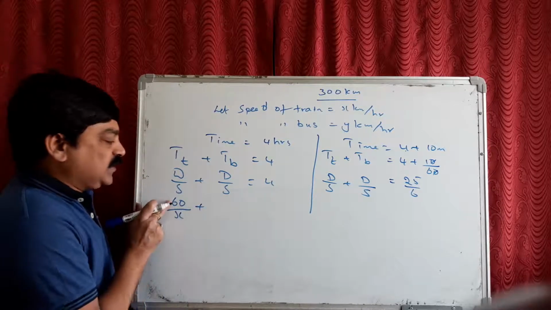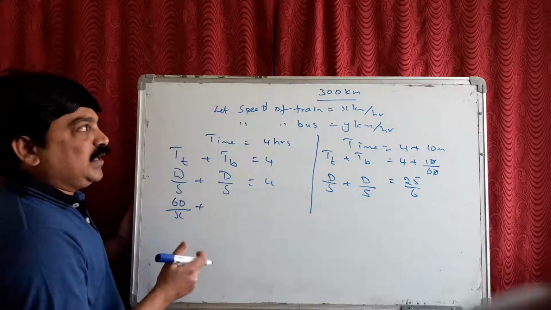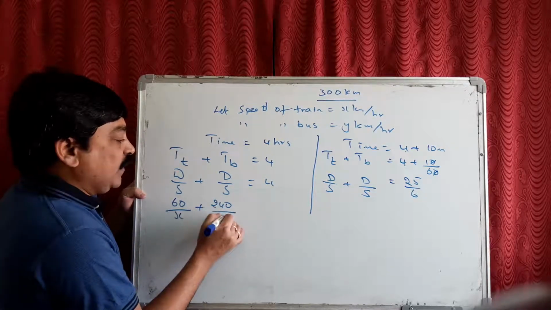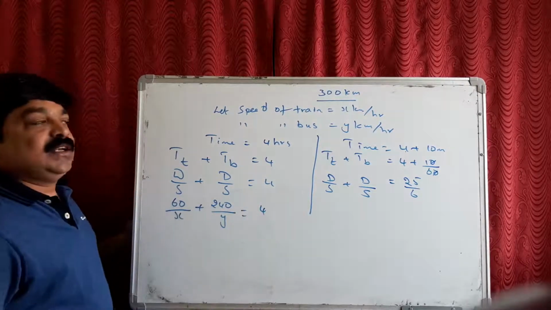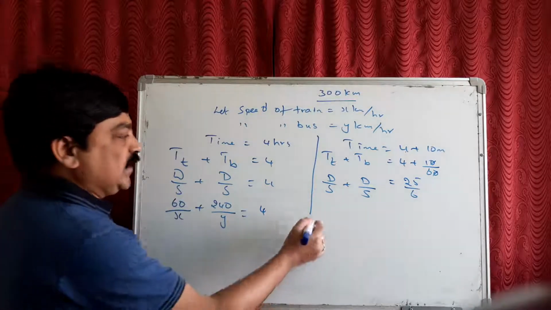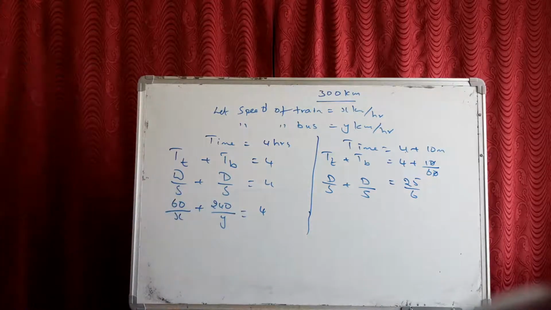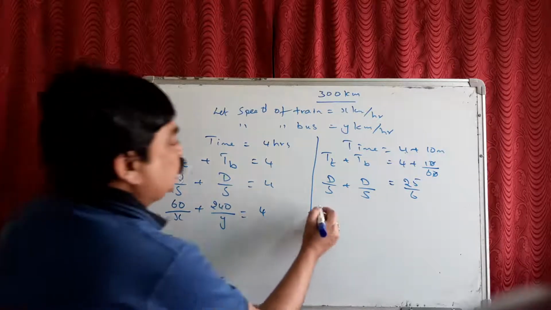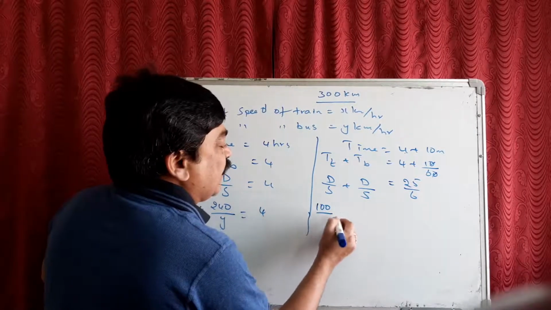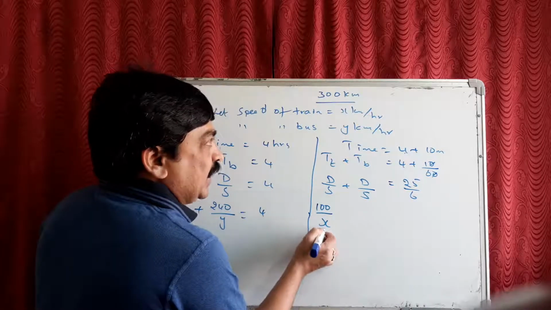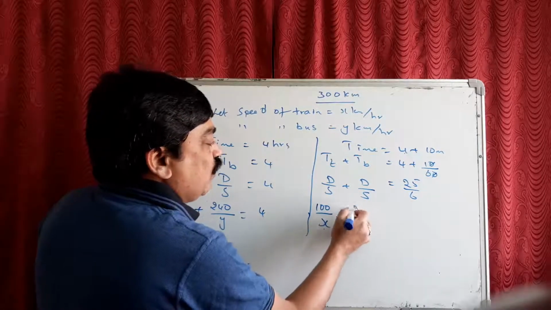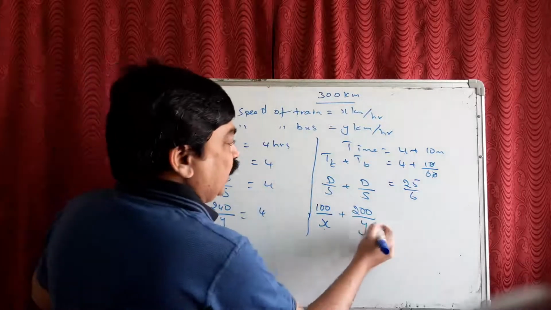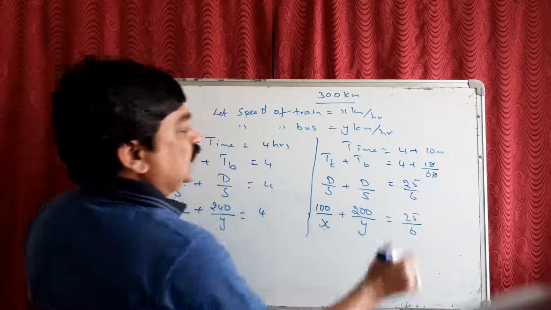Now if he travels 60 kilometers in train, what will be the rest of the distance to travel in bus? 240, because the total distance is 300 kilometers. And in the second case, how much did he travel in train? 100 kilometers, so 100 by x is the time by train. What will be the rest of the distance he should travel? 200 kilometers by y is 25 by 6.